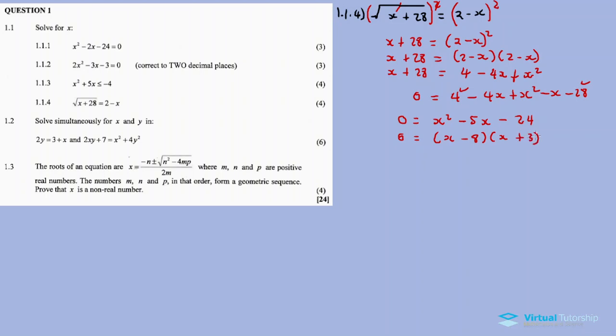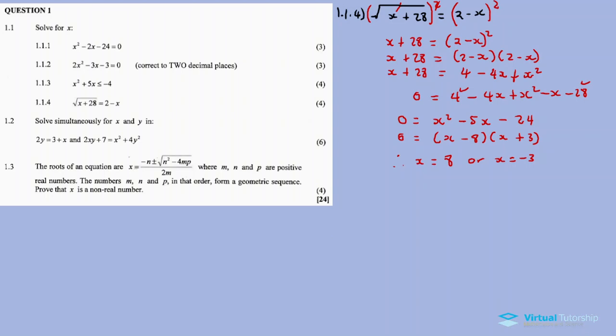Since multiplying minus 8 and 3 in total gives minus 24, and minus 8 plus 3 is negative 5. Therefore x is equal to 8, or x is equal to negative 3.